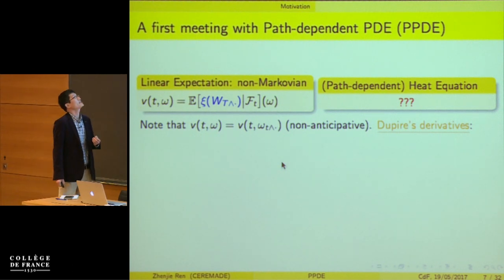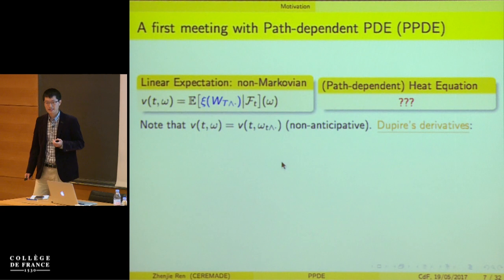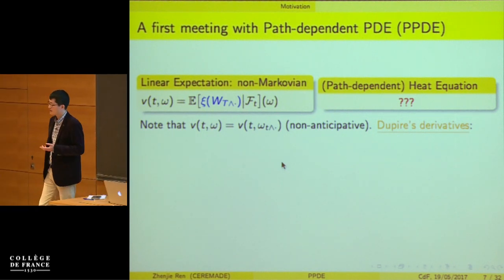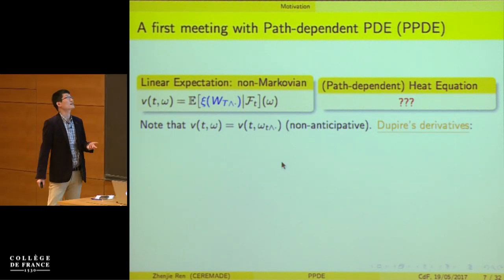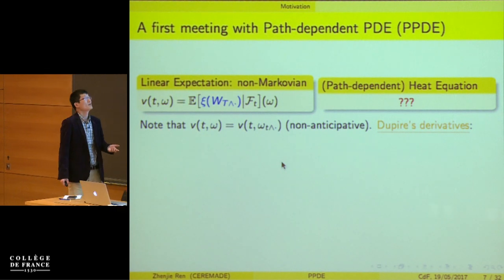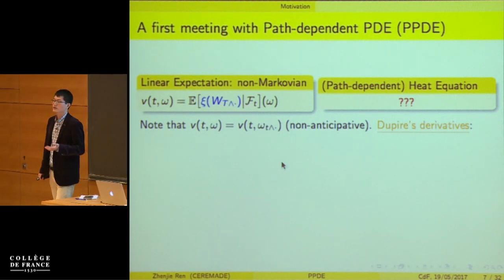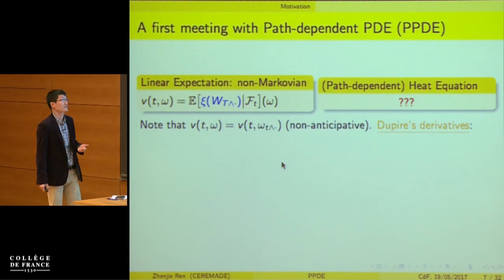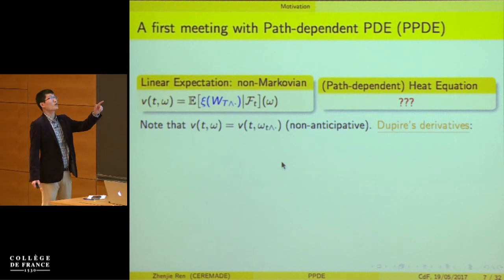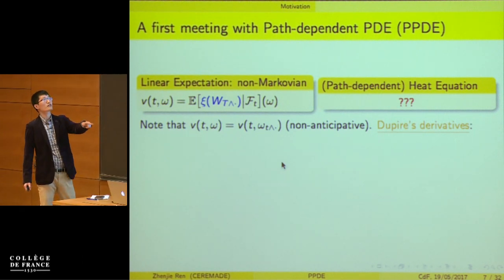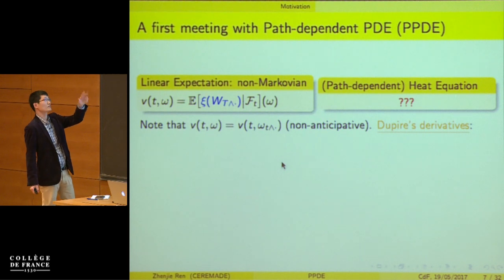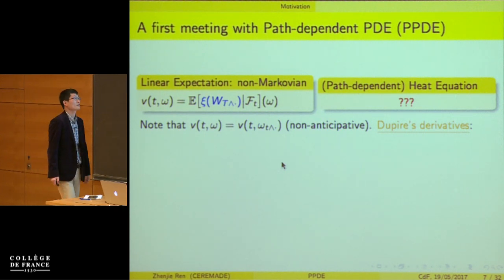Here we will organize our first meeting with the path-dependent PDE. Still, we start from the simplest case, the linear conditional expectation, but of a utility function psi, which is path-dependent. So psi depends on the whole path of the Brownian motion from 0 to t. The t-wedge means it's a stopped path.